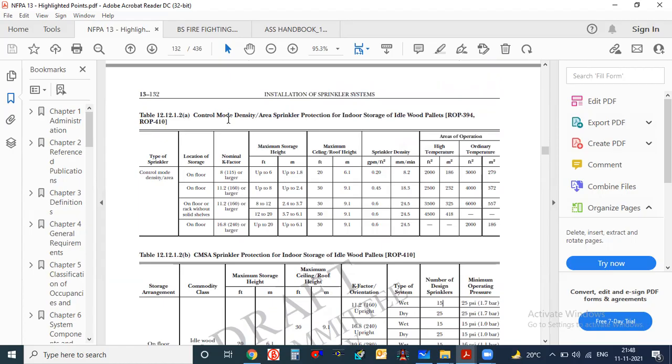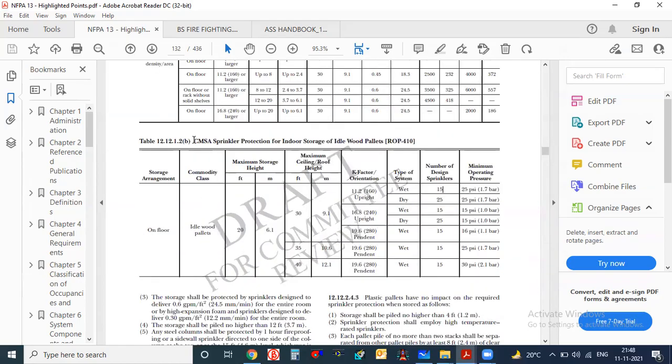Quick operation is the main factor, because CMSA means control mode specific application, and CMDA is control mode density area sprinkler. Most people go with CMSA or ESFR sprinklers when installing here. I think this is a very good sprinkler because everything is given here.